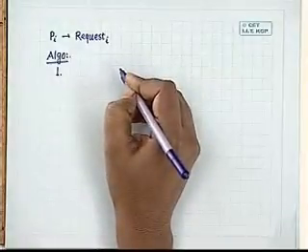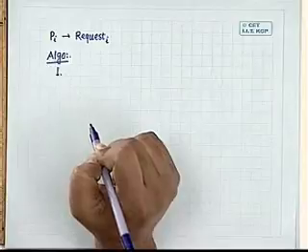So if request i is not less than or equal to the available resources, then obviously the request cannot be met, so the process has to wait. We can think about whether to allocate the resources or not only when request i is less than or equal to available. So the first condition to be checked is whether request i is less than or equal to available or not.